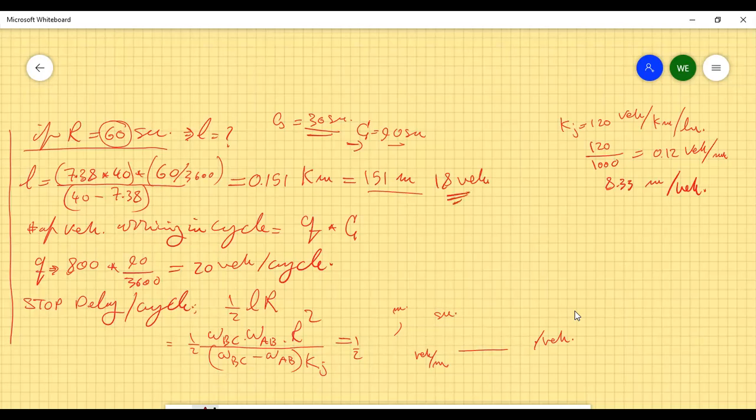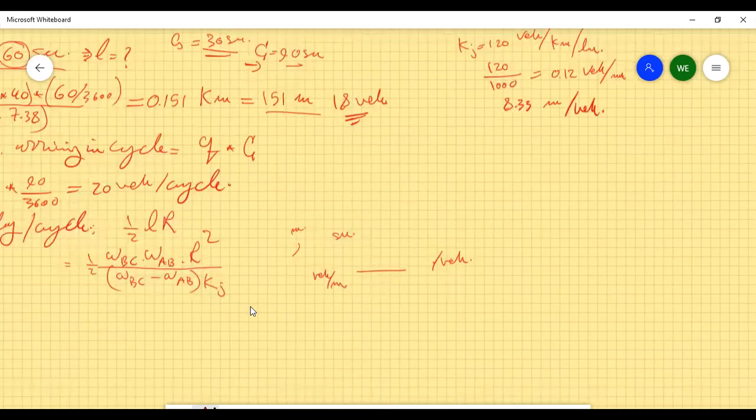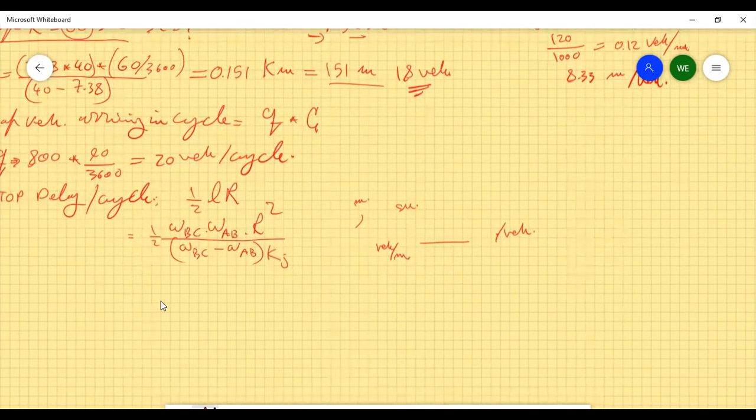Okay, so here we can calculate the average delay per those 18 vehicles this way: half times 18 times R. So it's half times 18 times 60.